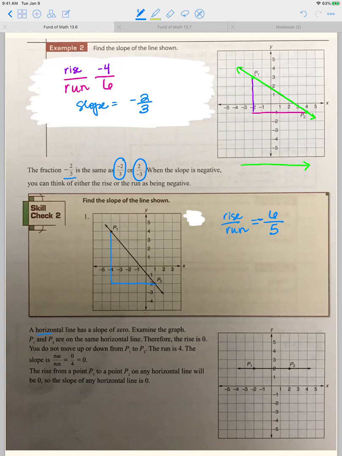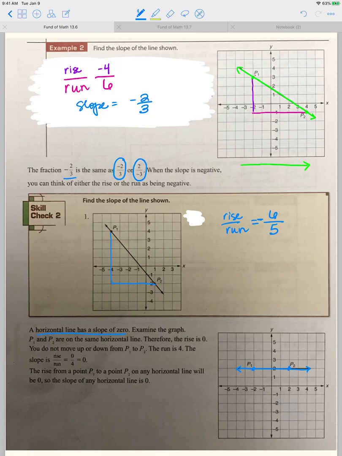A horizontal line has a slope of 0. Here is a horizontal line. There is no slope. It is perfectly straight. Okay? P1 and P2, right here and right here, are on the same horizontal line. Therefore, the rise is 0. It's not moving up or down. The rise is 0. You cannot move up or down from P1 to P2.